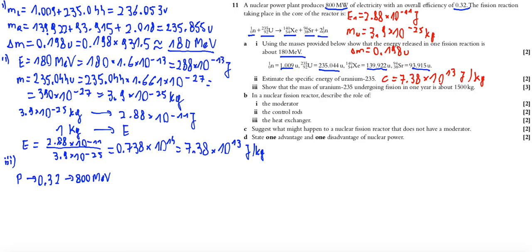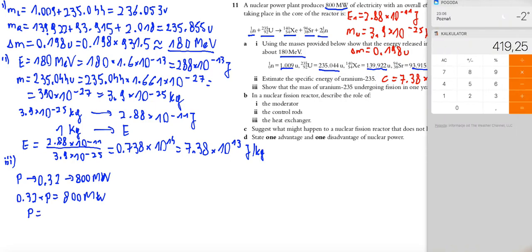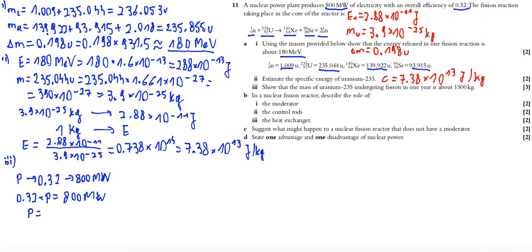We have to multiply 0.32 times this power to obtain 800 megawatts, because this is megawatts of power. So power taken from uranium is 800 divided by 0.32, so probably 2,500. Yes, exactly, 2,500 megawatts.